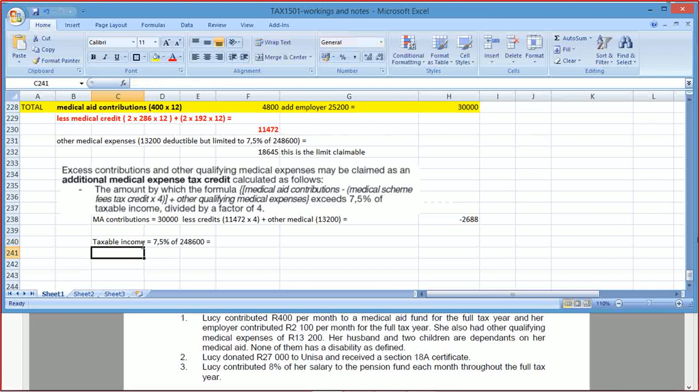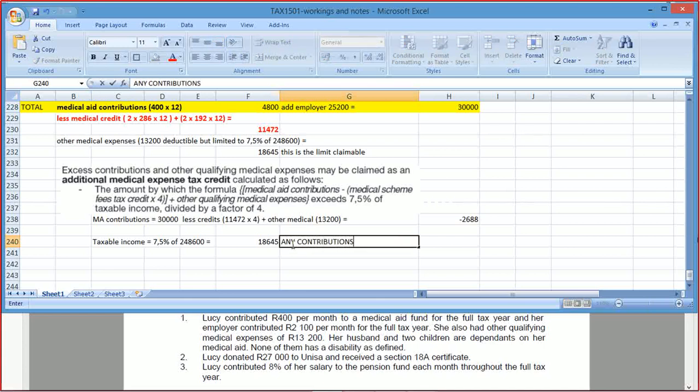So this was the taxable income, right? Limited to that, 7.5% of that. So taxable income equals that, and that gives me how much? We worked it out earlier. That's the limit.